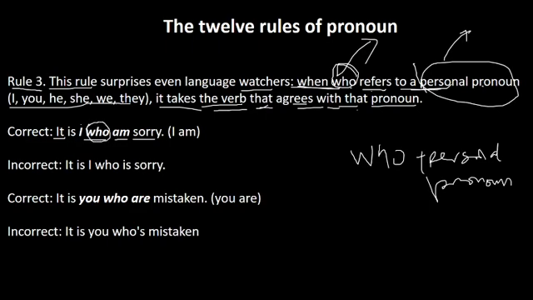"Who" is here, the personal pronoun is here. And what verb goes with I? It is "am." That's the reason why the verb to be used after "who" depends on the type of the pronoun. Look at the three things tied together. What verb agrees with I? Am.